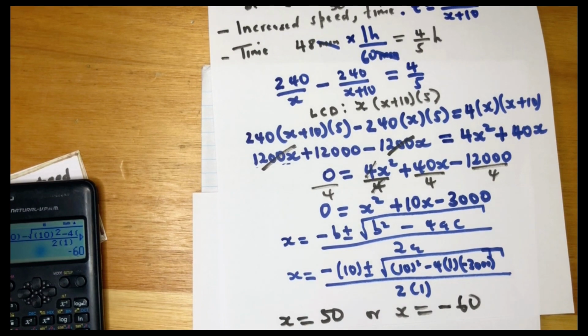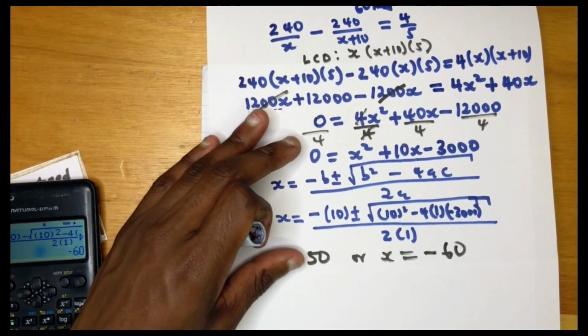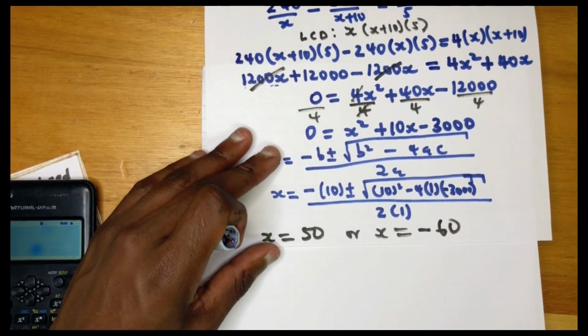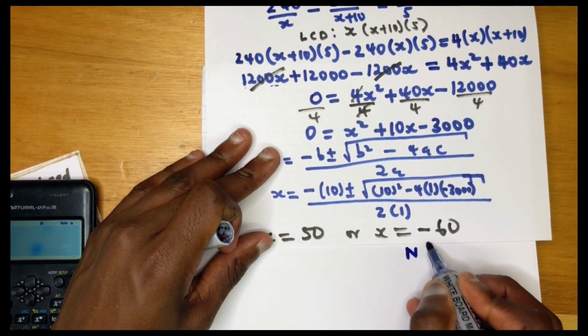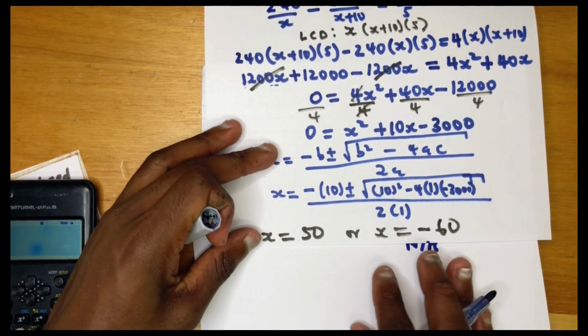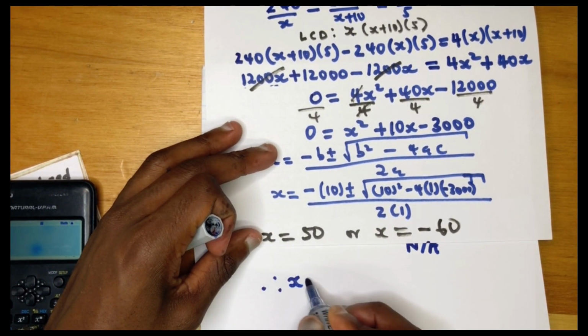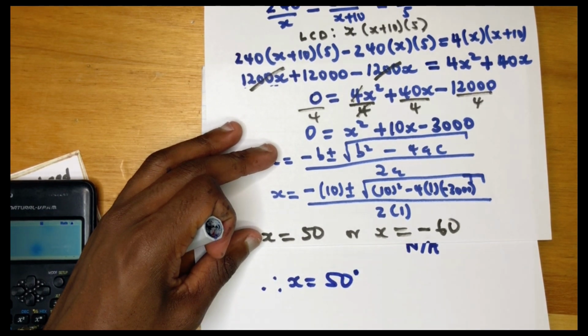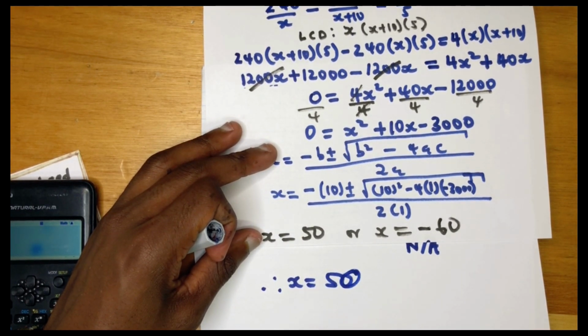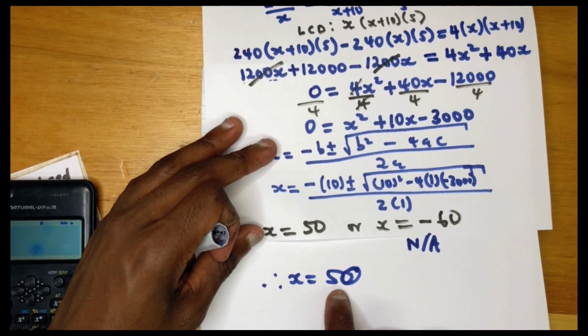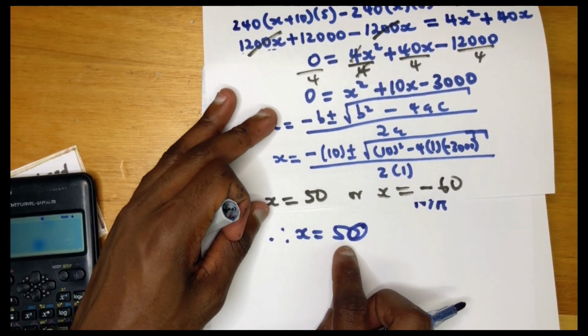No, it does not make sense. So we can conclude that this one is not applicable. So therefore our x is equal to 50. Remember, this is not the final answer guys. We need to make the right conclusion.